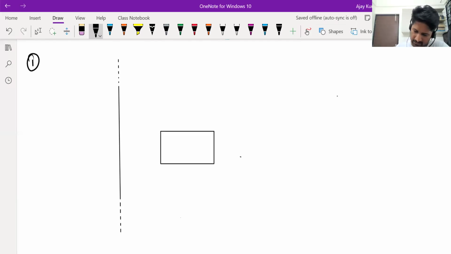Let's say the current passing in this wire is I. This distance, take it as A, and the length of the rectangle let it be 2A. Breadth of the rectangle is again A. Tell me, will there be any flux through that rectangular surface?